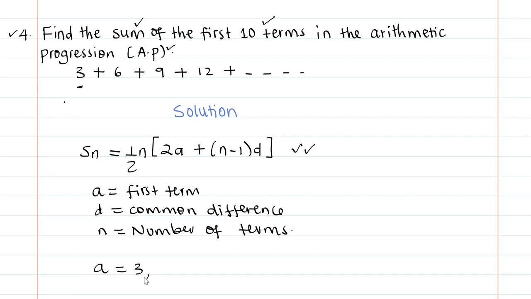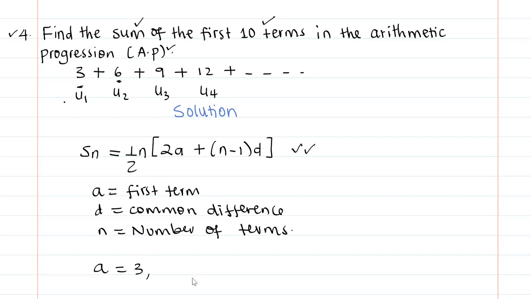How about d? D is the common difference. Common difference d is the difference between a number at a given position and the number before it. In other words, if this is our first term, we call it U1. 6 is our second term, U2. 9 is our third term, U3. 12 is the fourth term, U4.